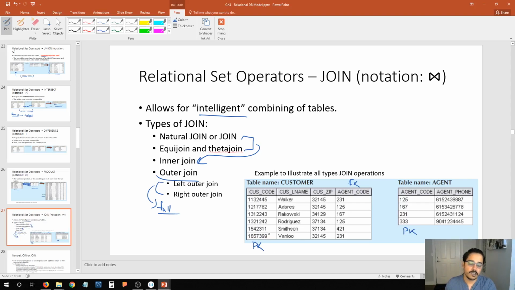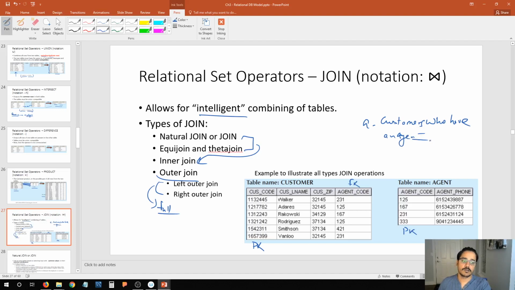So now, if our goal is to basically find the customers who have been assigned to an agent, right? So that is what we are trying to do. So the query that we are trying to solve here is output the customers who have an agent assigned to them.